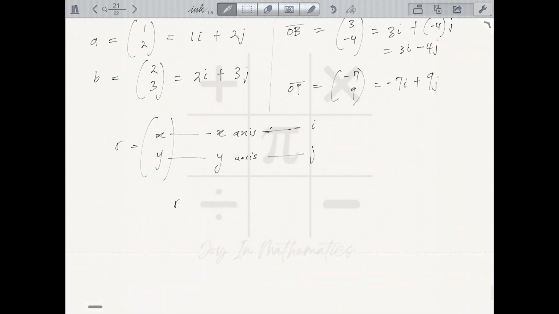Now what if we have a vector in space that has three components, x, y, and z? This is that of the x-axis, this the y-axis, and this the z-axis. We know that this is i, we know that this is j, and we'll be looking at what this component is, k.